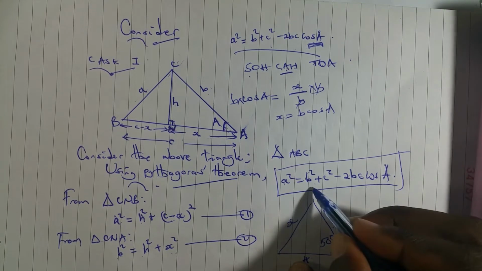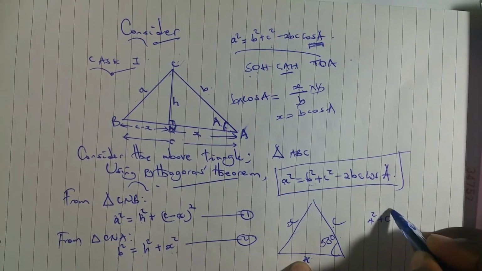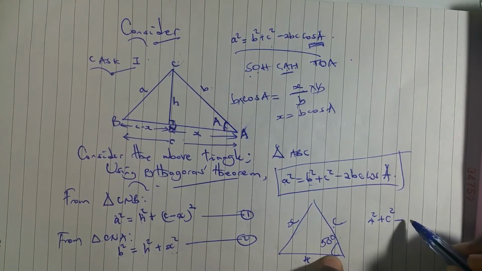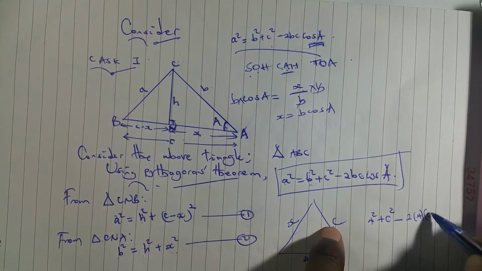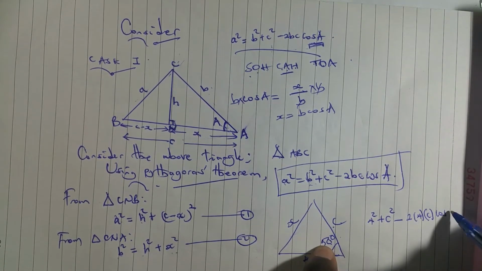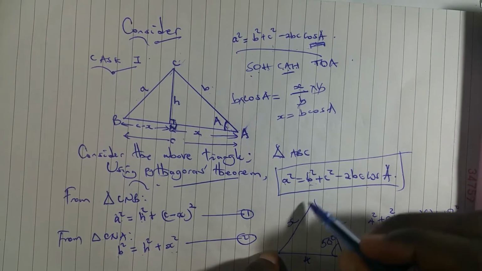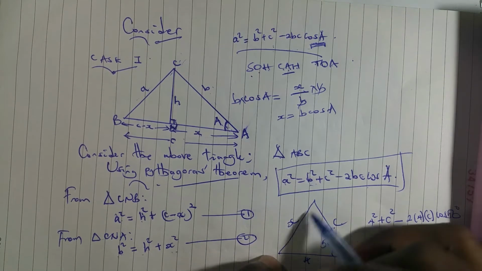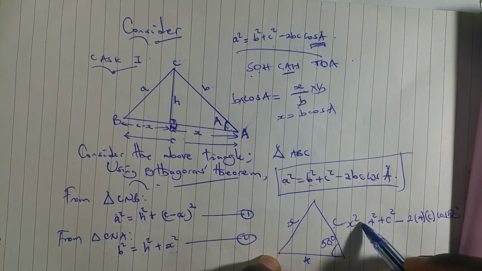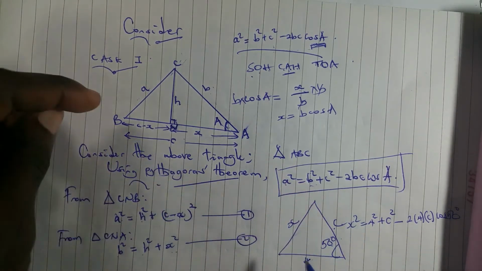So it's going to be 4 squared plus c squared minus 2 times 4 times c, then cos of that angle 50 degrees. The side that is not sharing the angle, that's not contributing to forming that angle, is going to be on this side. That's how you write your cosine rule for this triangle.